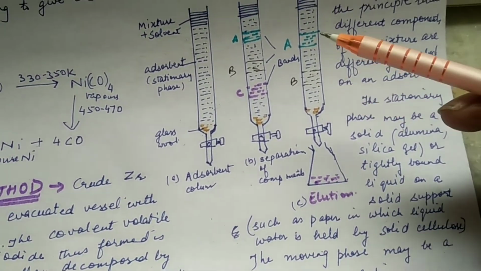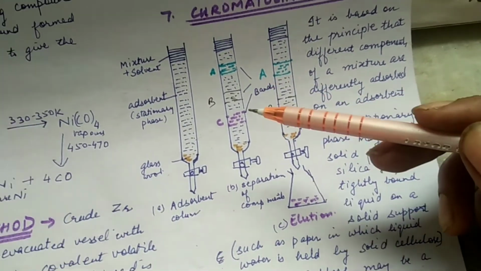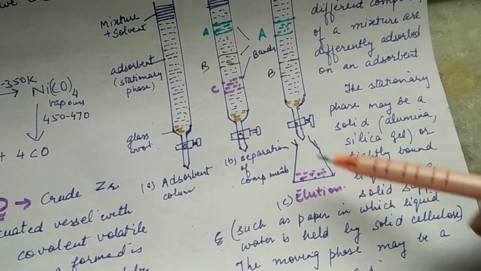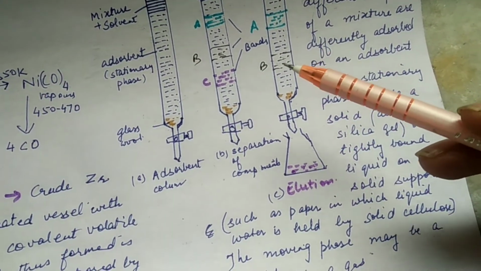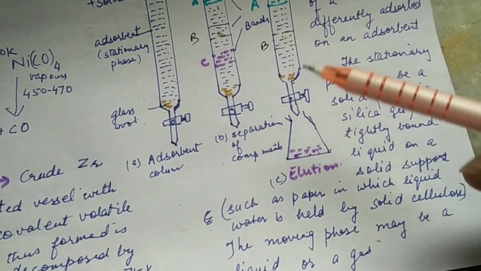So the component which is adsorbed strongly remains at the top, whereas the component which is most weakly adsorbed can be collected first.